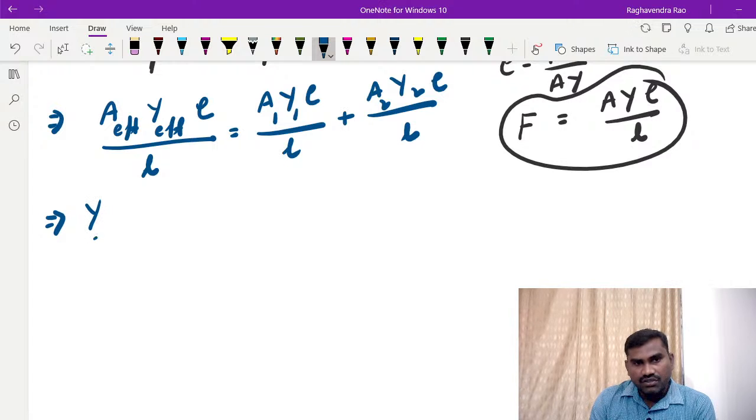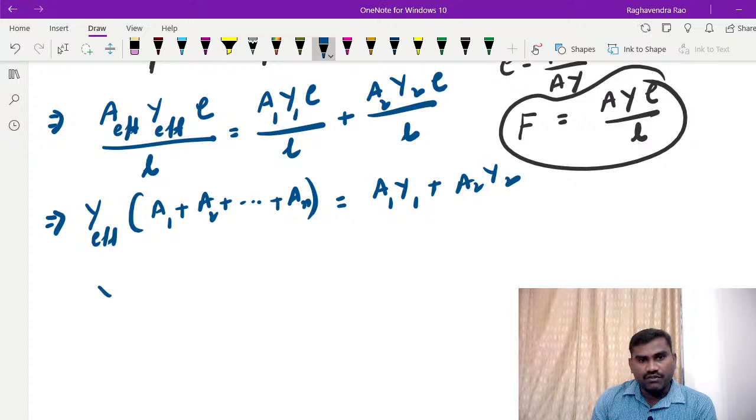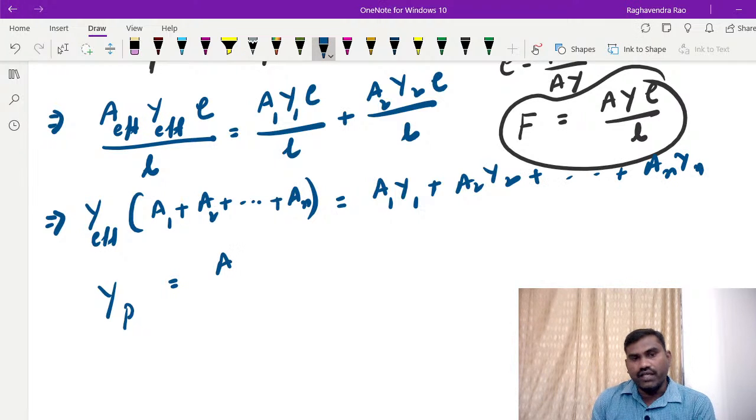Now this is equal. What is A effective? That means Y effective into A1 plus A2 plus so on plus AN is equal to A1 Y1 plus A2 Y2 plus so on plus AN YN.